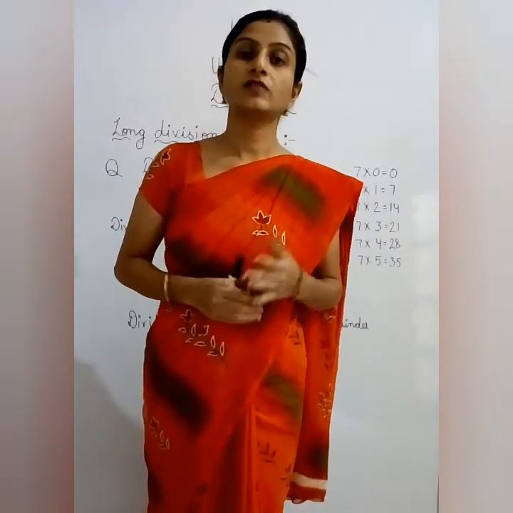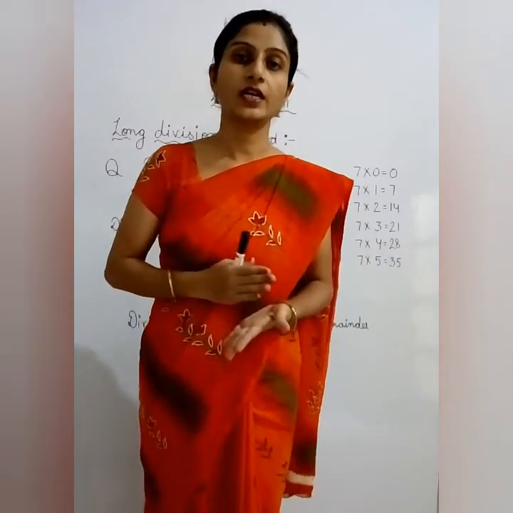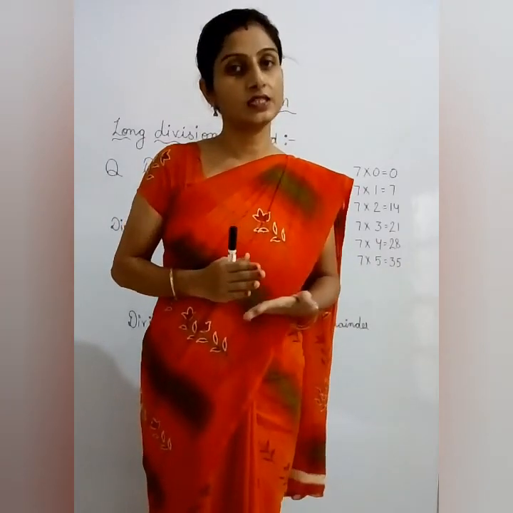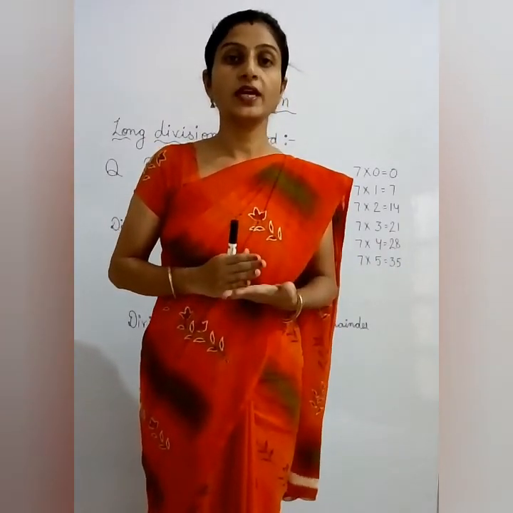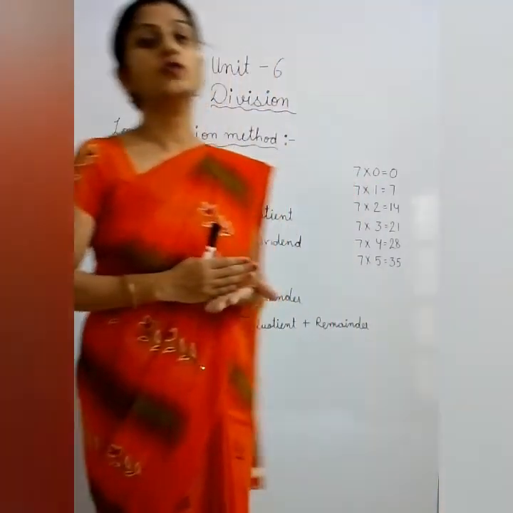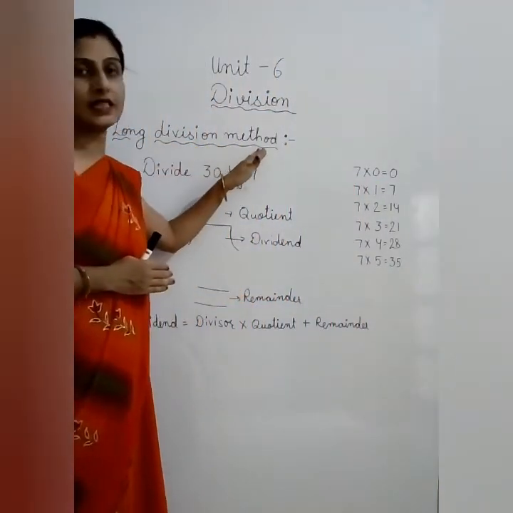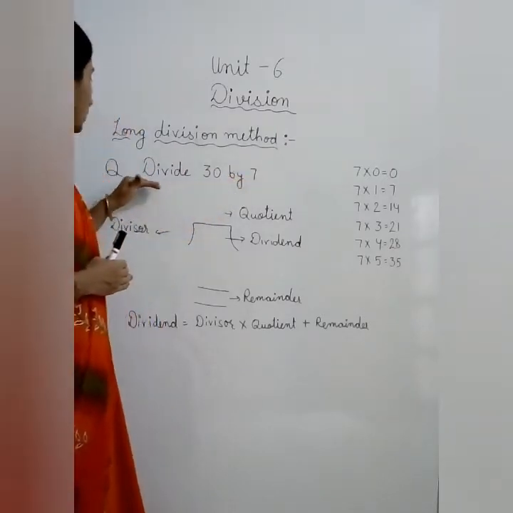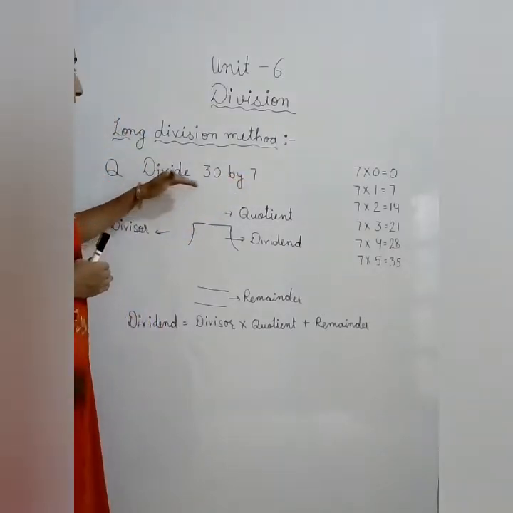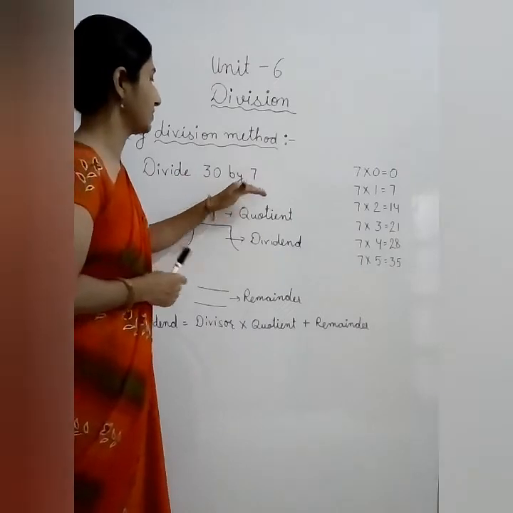Dear kids, in our previous classes, we already learned how we solve division sums. So today we learn how we solve the division sum with the help of the long division method. Look here, question: divide 30 by 7.